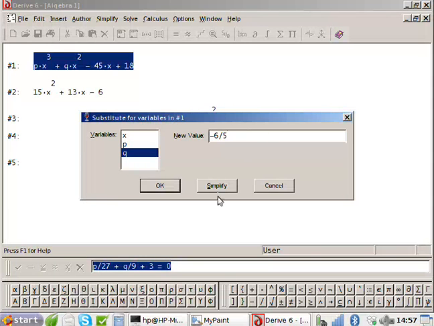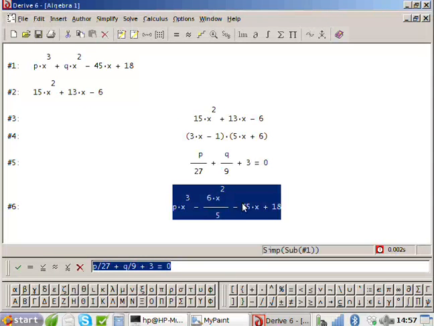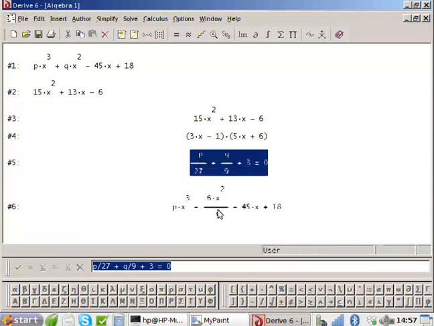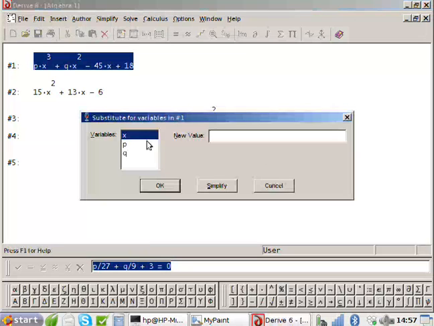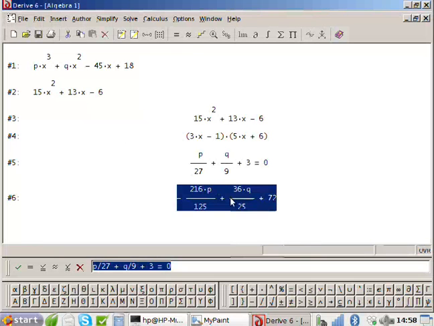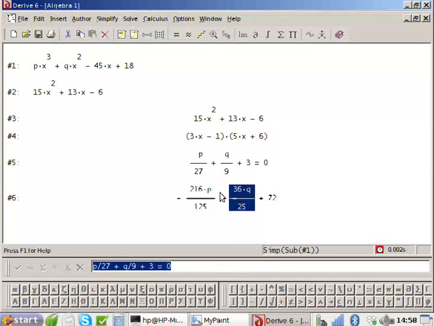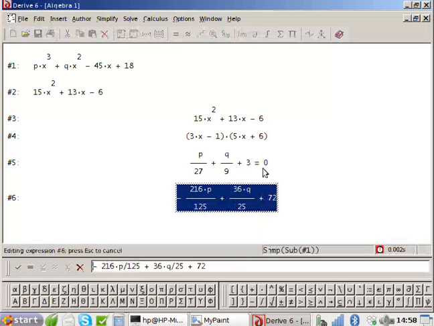So next, what's the next value I use? Minus 6 over 5. p times minus 6 over 5 cubed plus q times minus 6 over 5 squared minus 45 times minus 6 over 5 plus 18 equals 0.